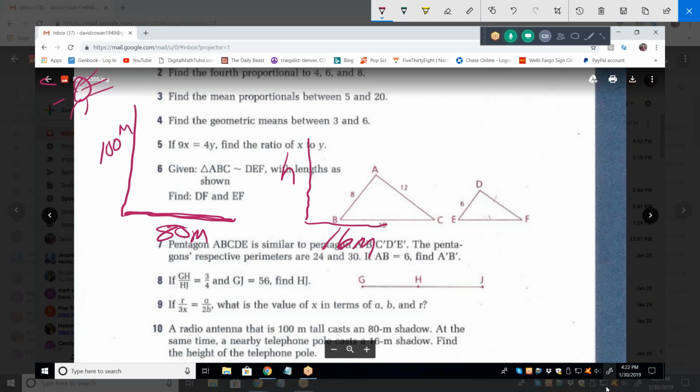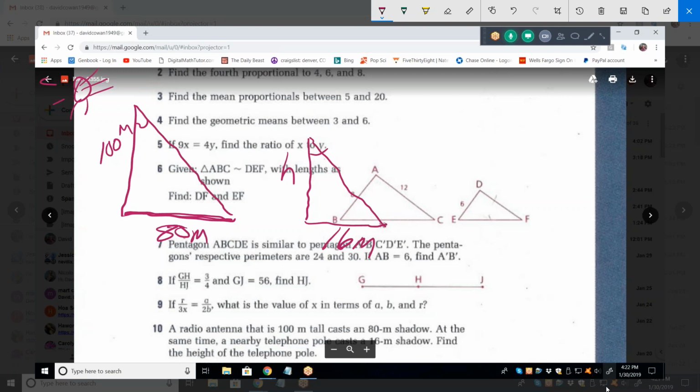So basically, we have two similar triangles. Now, why are they similar? Because the sun, that angle is the same as that angle, as long as these two poles are vertical on the earth.